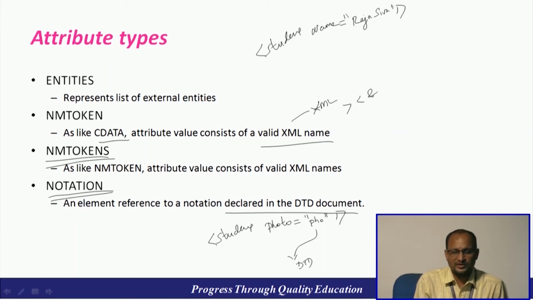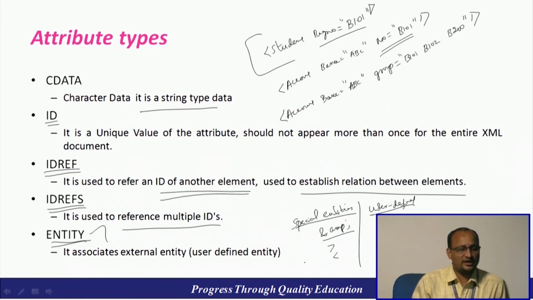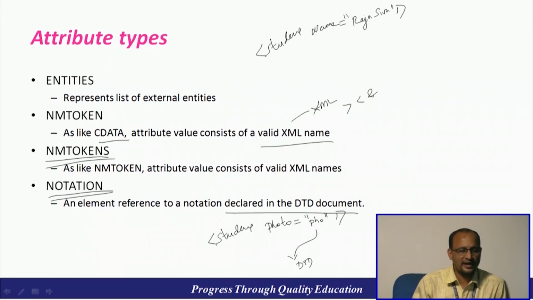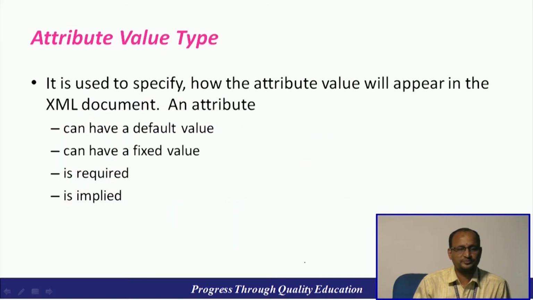It may be JPEG file or any image file, or it may be referring any audio clips or video clips, or any binary formatted information can be referred through notation. So these are the different types of attributes: CDATA, ID, IDREF, IDREFS, ENTITY and ENTITIES, NMTOKEN, NMTOKENS, as well as NOTATION. By using all these data types, we can specify the value of an attribute.